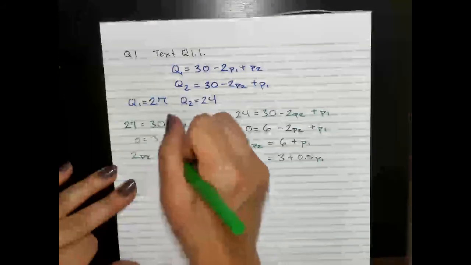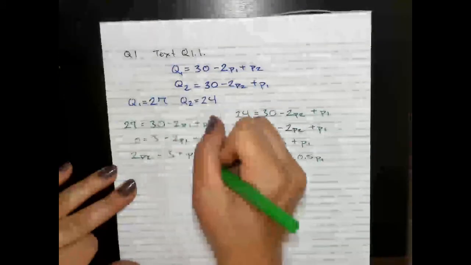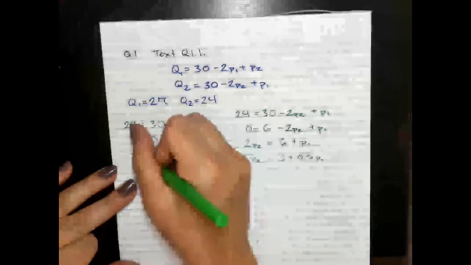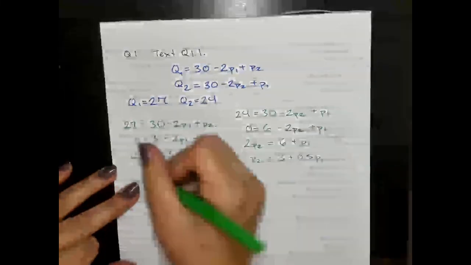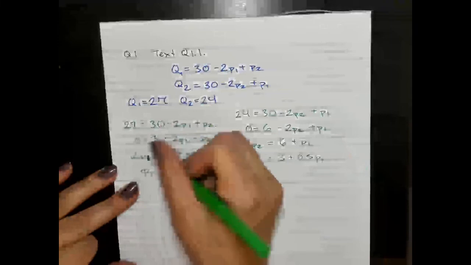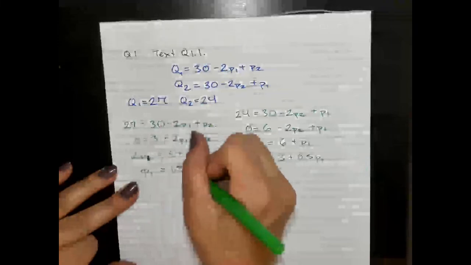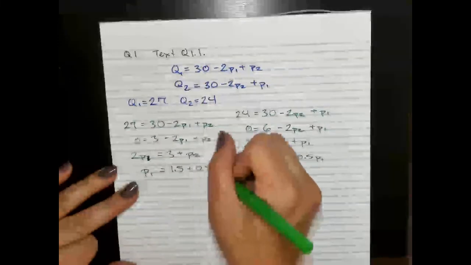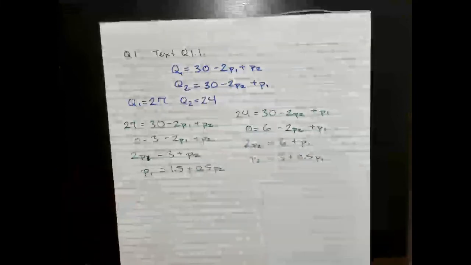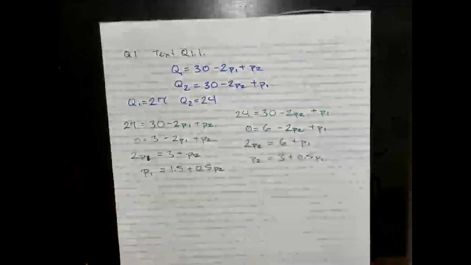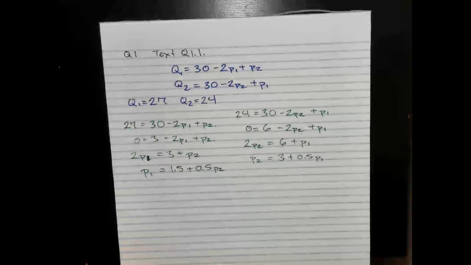So 2P1 equals 3 plus P2, so P1 equals 1.5 plus 0.5 P2. So those are the two equations, and we can insert one into the other to get a solution.